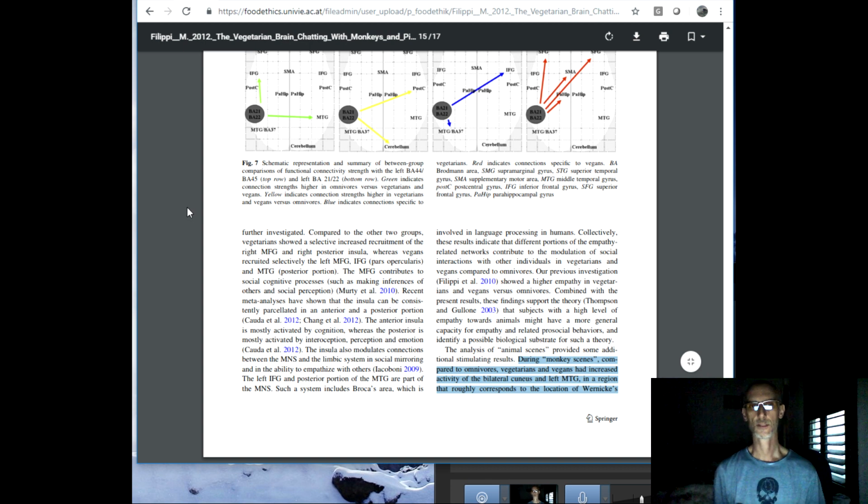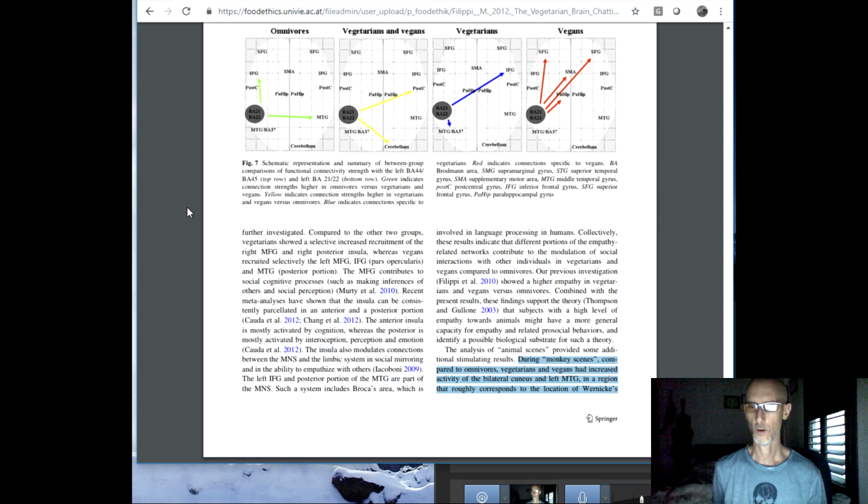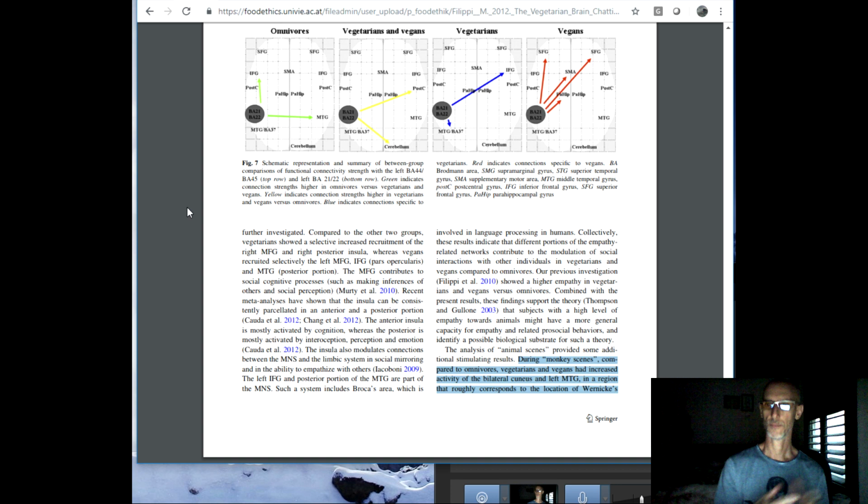They emphasized also that the closer phylogenetically in relatedness to humans that the animals were, that the human subjects were viewing in that experiment, the more areas associated with empathy were activated. So, monkeys as opposed to pigs, and humans as opposed to monkeys across the board.